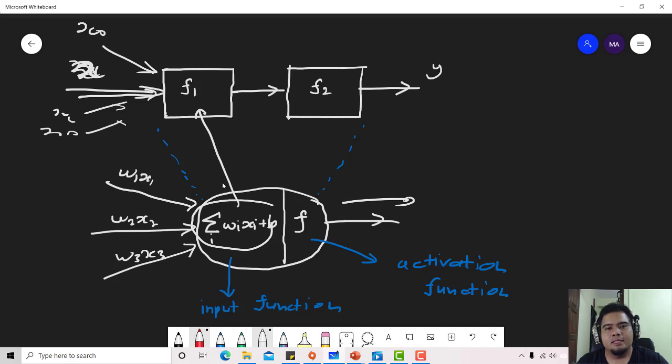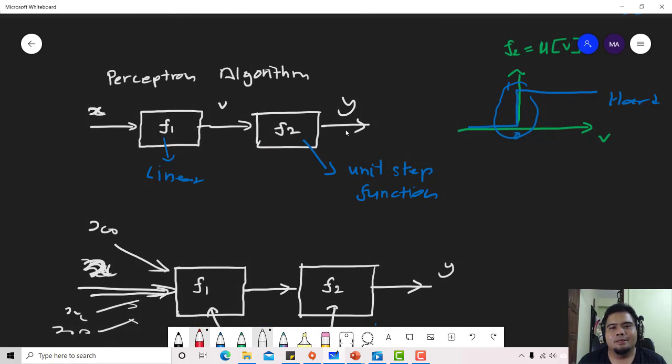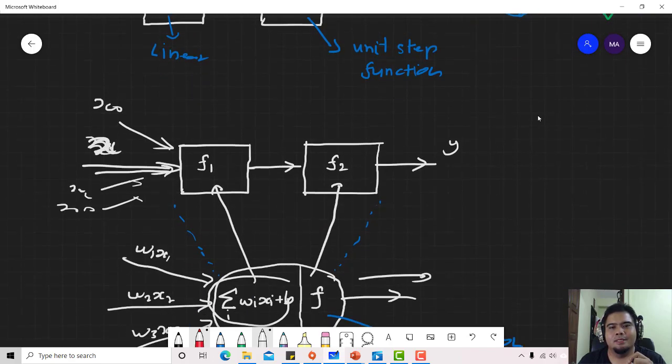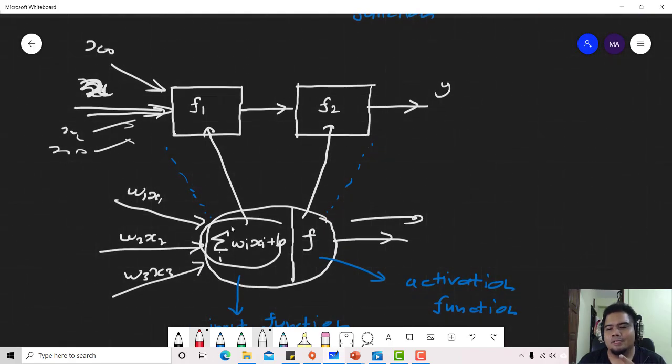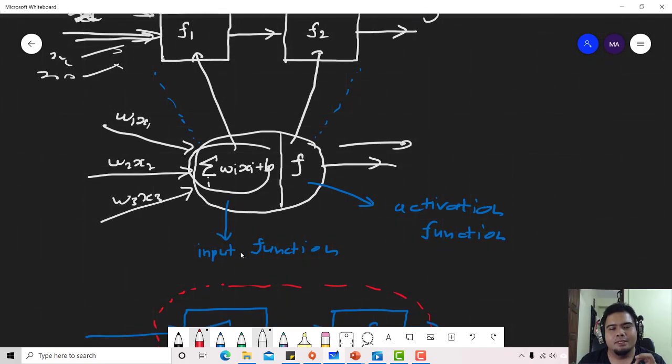This is actually your F2. That is the reason why I always stress that every system consists of two functions, because in an artificial neural network, a single neuron consists of an input function, your F1, and an activation function, notated with F over here.